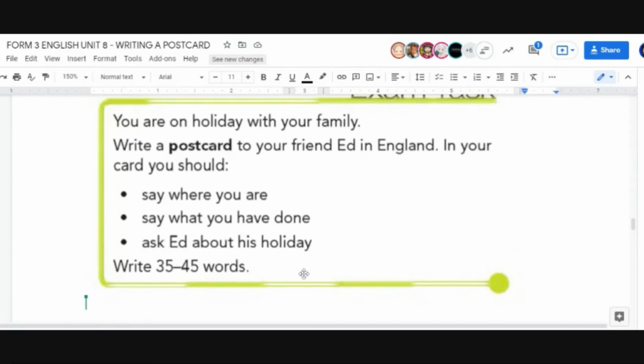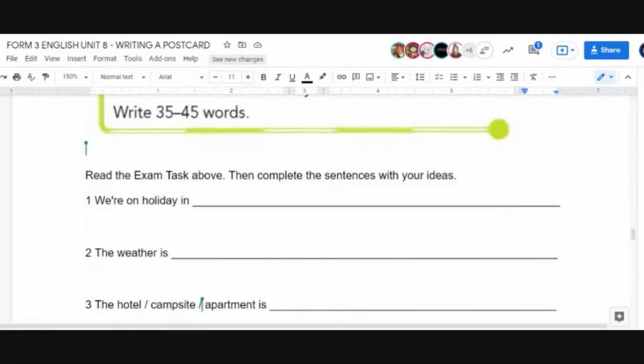Let's say you write 46, 47, okay, don't bother about cutting out words, understand? Even if you have written 100 words, it's okay. Don't bother to cancel out words unless it is a mistake, okay, understand? Okay, let's proceed.